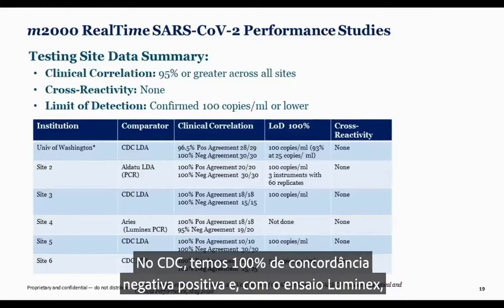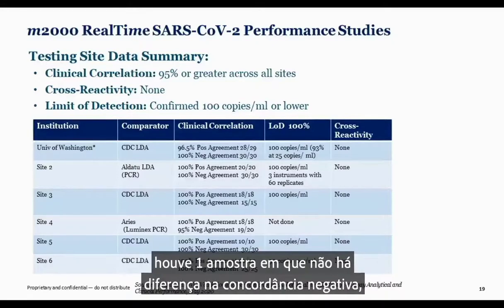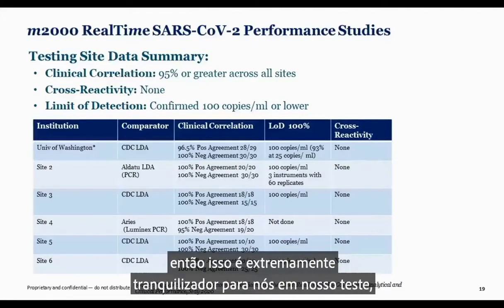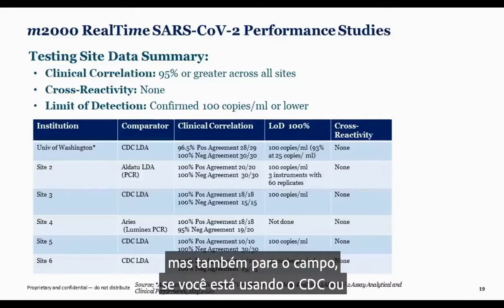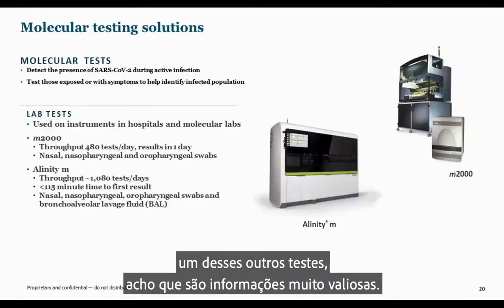The CDC, we have 100% positive negative agreement, and then with the Luminex assay, there was one sample where there was not a difference in the negative agreement. So that's extremely reassuring, both for us in our test, but also for the field. If you're using the CDC or one of these other tests, I think it's very valuable information.